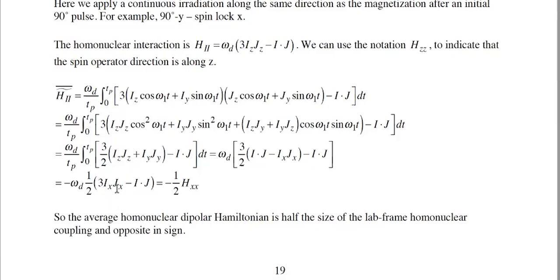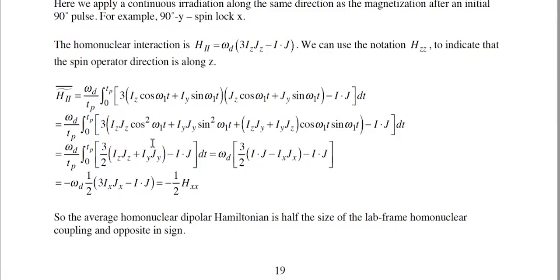Then I have IXJX coming out, and I group the terms and so on. If you're curious, you can work out some of the algebraic details. This basically looks almost like the laboratory frame homonuclear dipolar interaction, except that instead of ZZ, I've got XX.